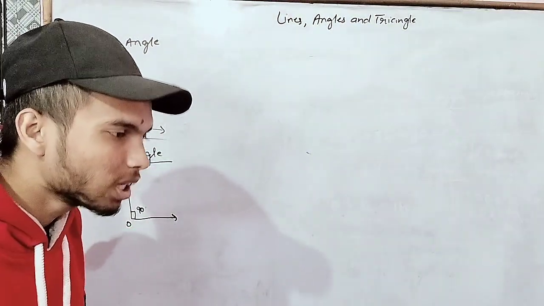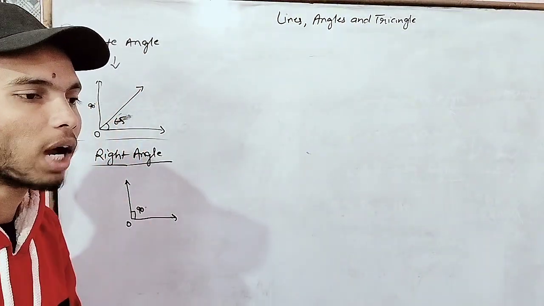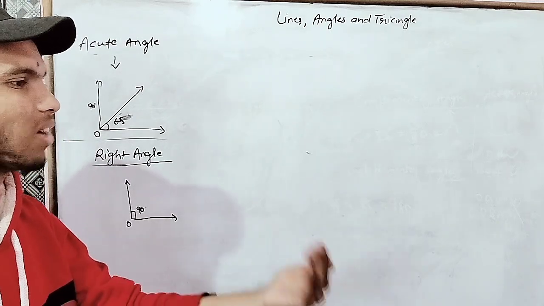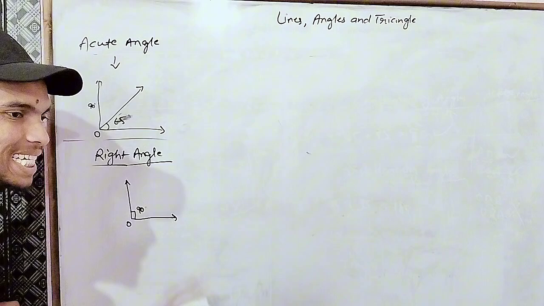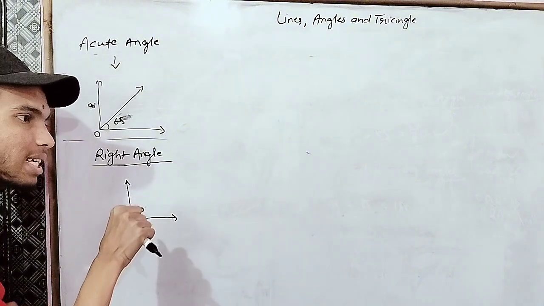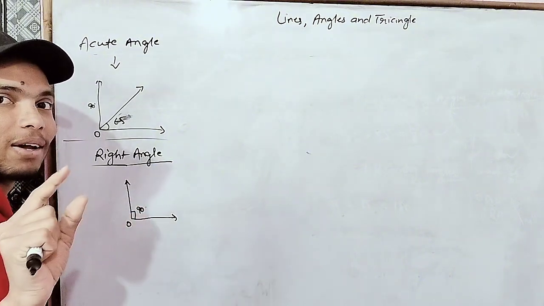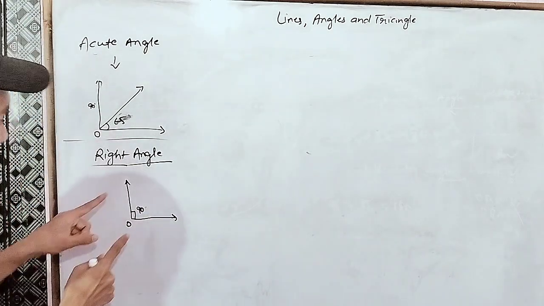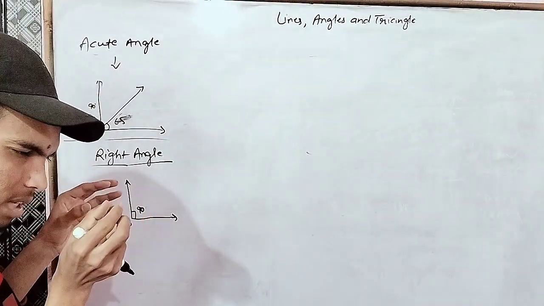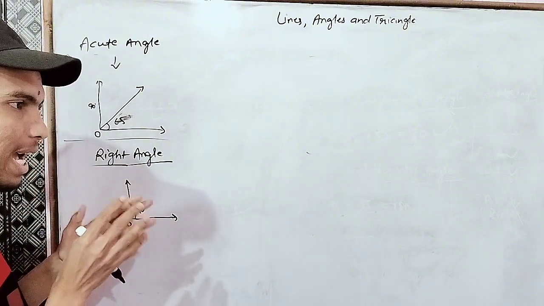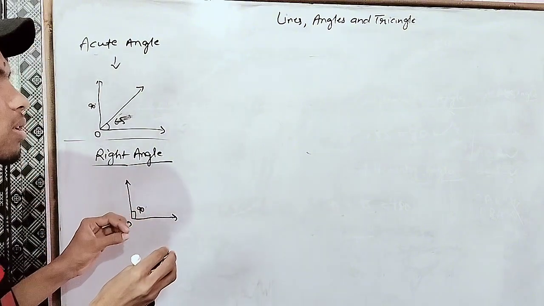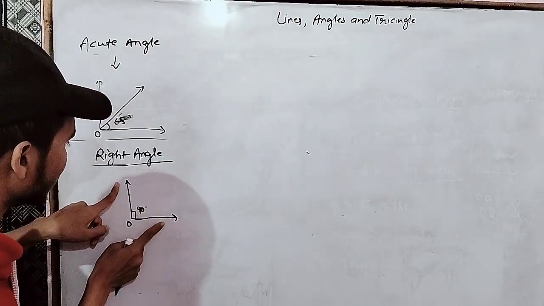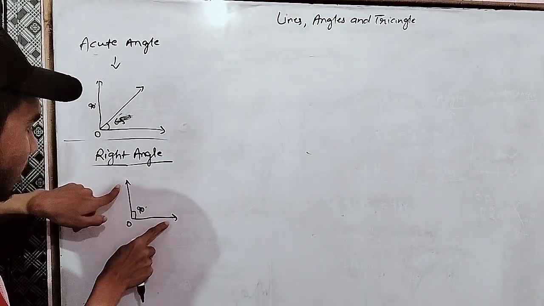But here we are looking at the name of the value of an angle. So here the value of the angle is 90 degree, so the name of this value can be right angle. Similarly, for example, if the value of an angle is 35 degree, 35 degree is coming between these two lines.